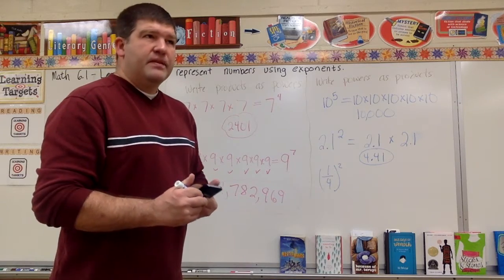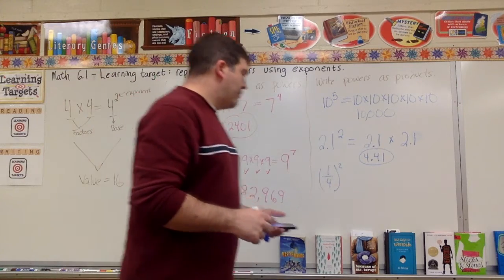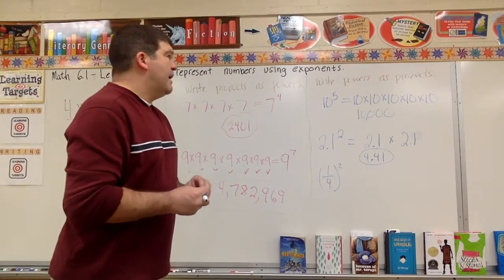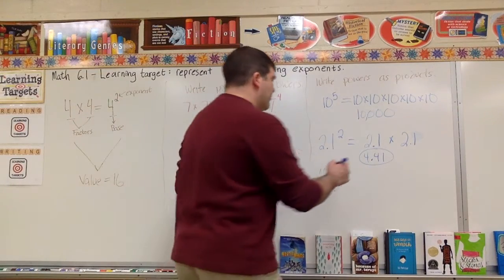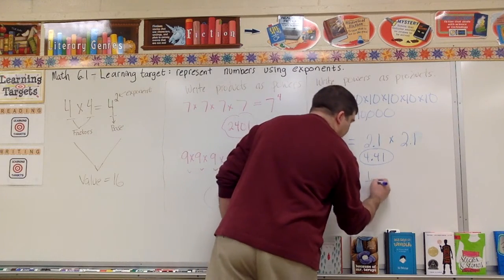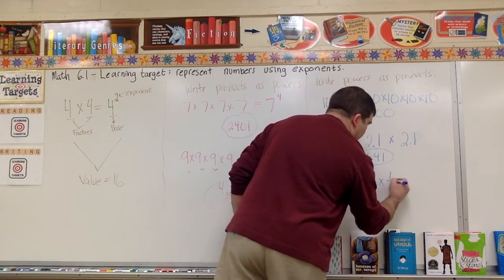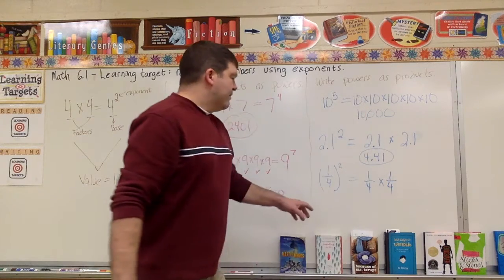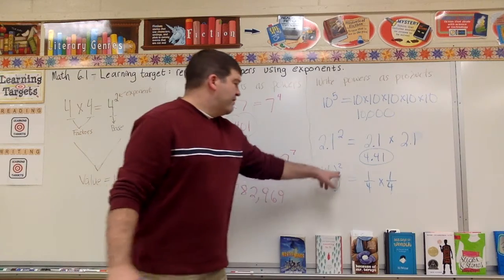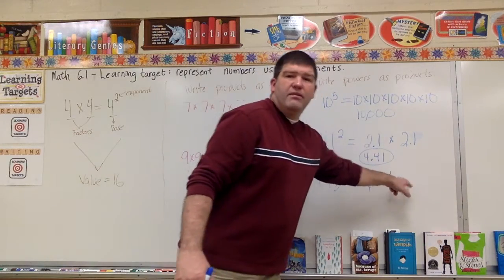All right. Now, I want to write 1/4 to the 2nd power as, I want to figure out what the factors are. The base is 1/4, so it's 1/4 times 1/4. So 1/4 to the 2nd is just 1/4 times 1/4. Now, if this was to the 3rd, it'd be another 1/4.